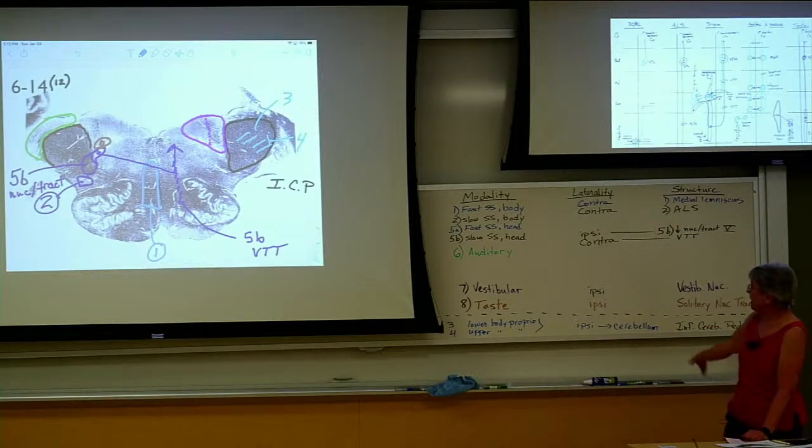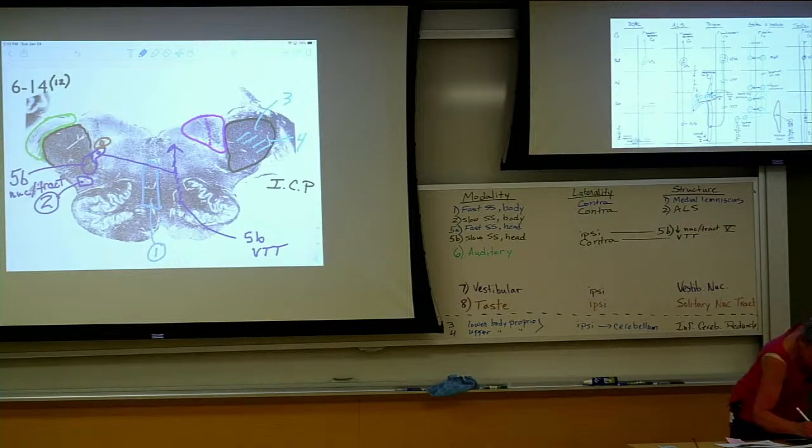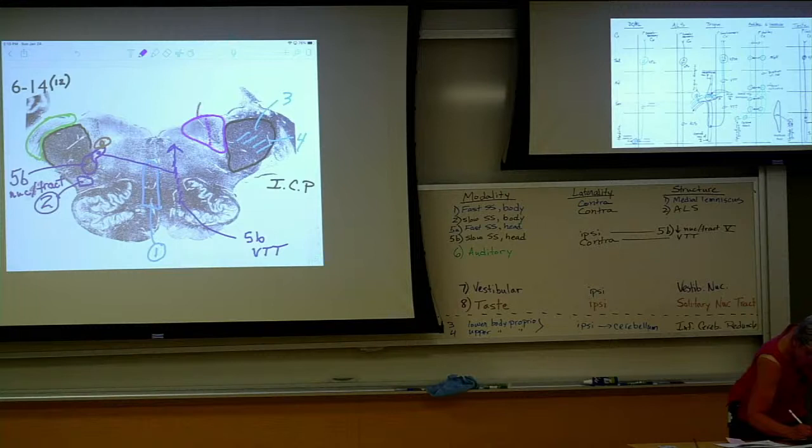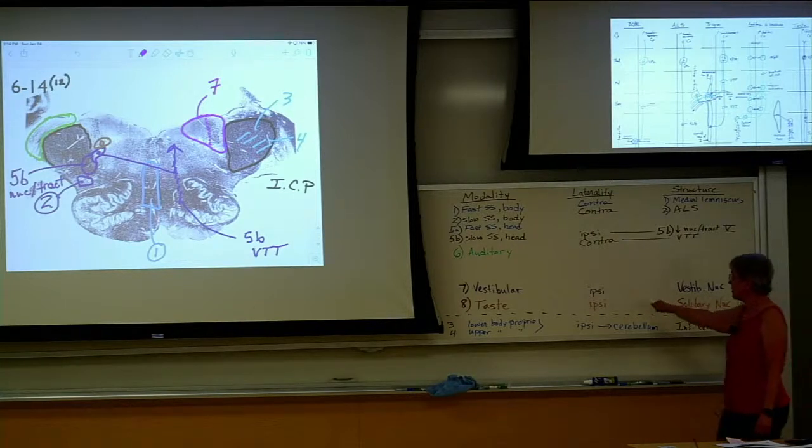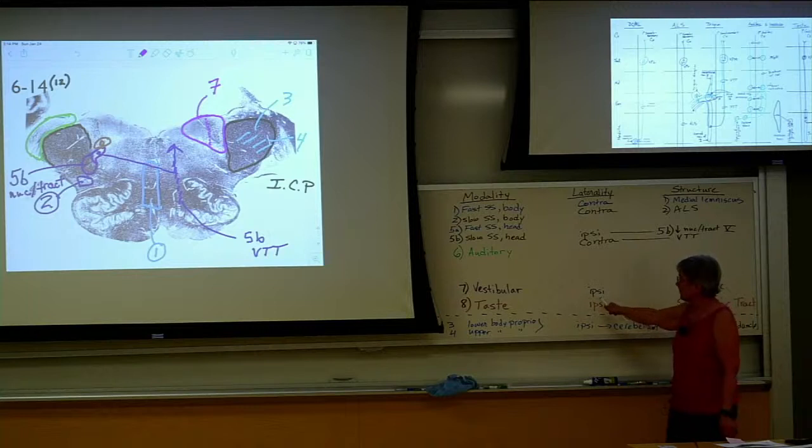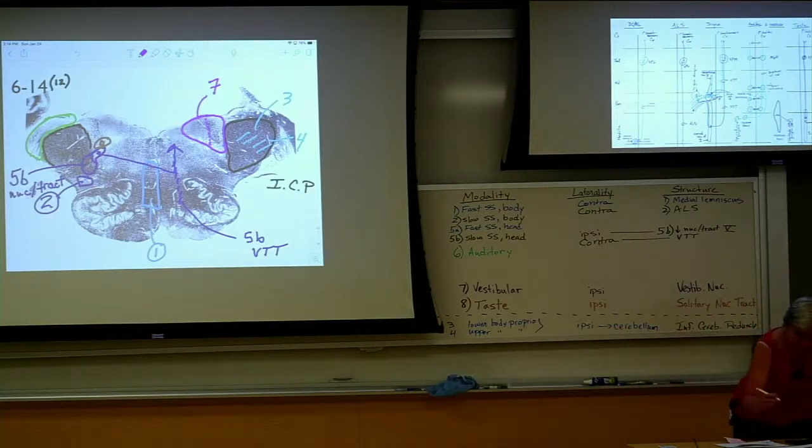Alrighty then. So what are our new structures? Well, the one we met just in the previous section is going to be our vestibular nuclei. Nothing has changed here. Vestibular nuclei with information coming from the ipsilateral vestibular apparatus.